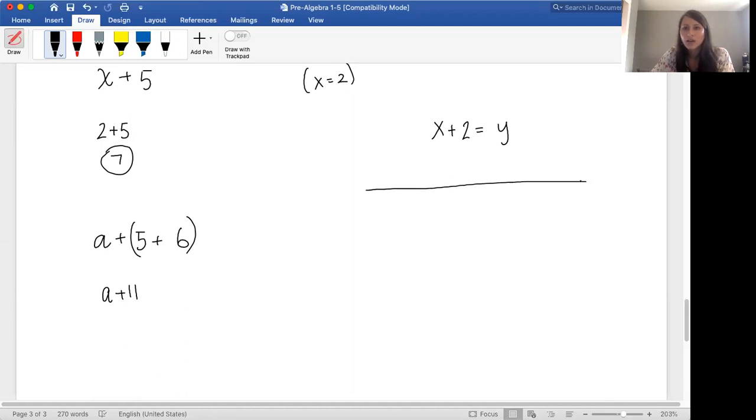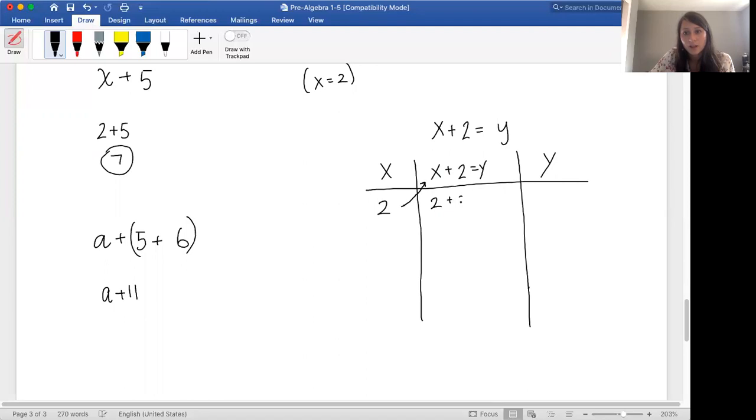If I made up a value for x, like maybe my x value would be 2, and I plugged it into the equation. So my equation is x plus 2 equals y. I make a chart here, and this y is like my answer. So I plug the number I come up with for x into where x is, and I solve it. Then I have 2 plus 2, right? So 2 plus 2 would be 4. So that means my y would be 4.